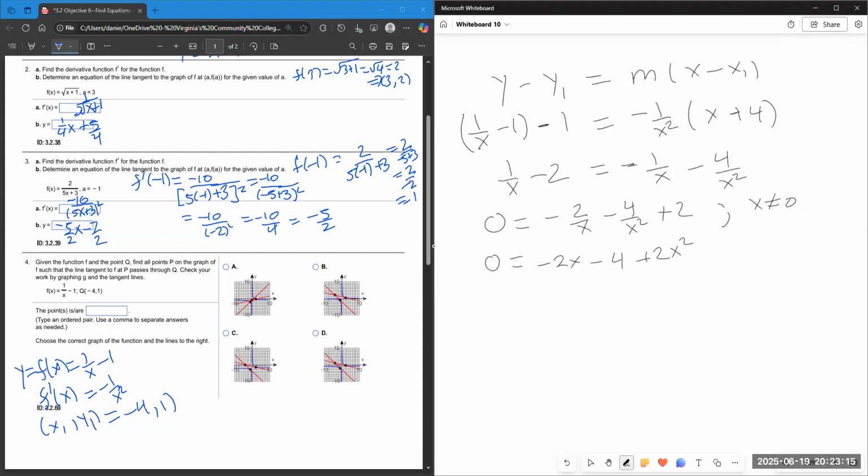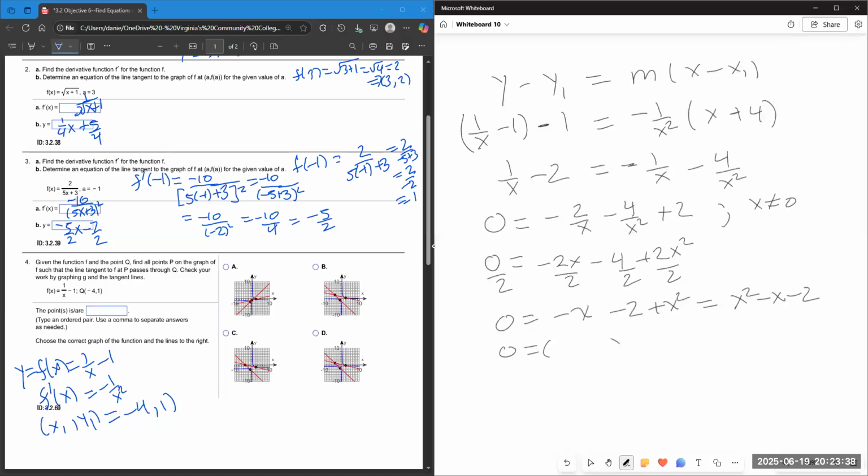I see everything has a common factor of 2 now, so I'm going to divide everything by 2. 0 is equal to negative x minus 2 plus x squared, which is the same thing as x squared minus x minus 2 when I put it in descending order of exponents.